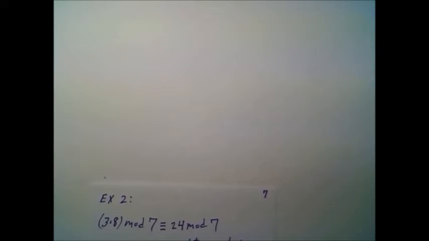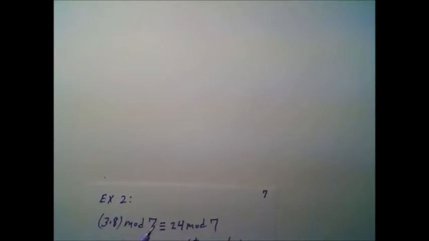After you do the operation, then you have to divide the mod into the number, and that will tell you the total number of revolutions that you have around the face of the clock. So here I have to divide 7 into 24. Think about it. How many times will 7 go into 24?